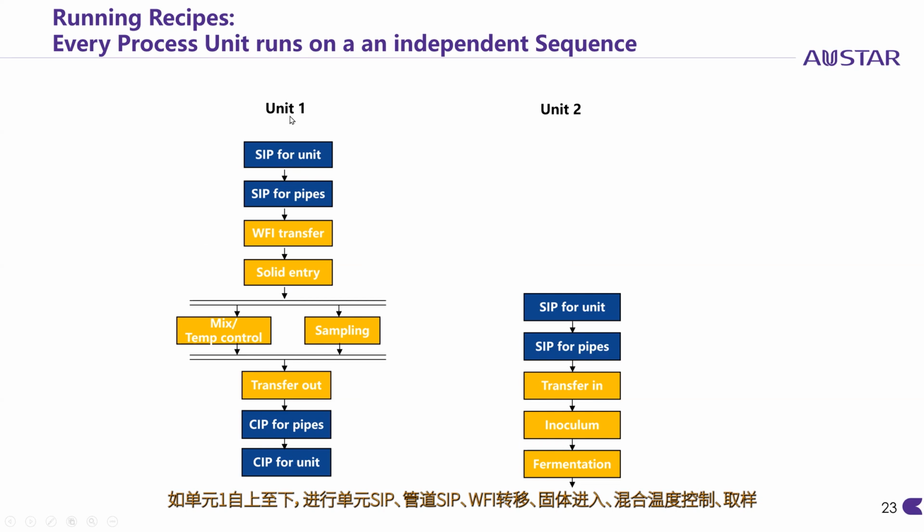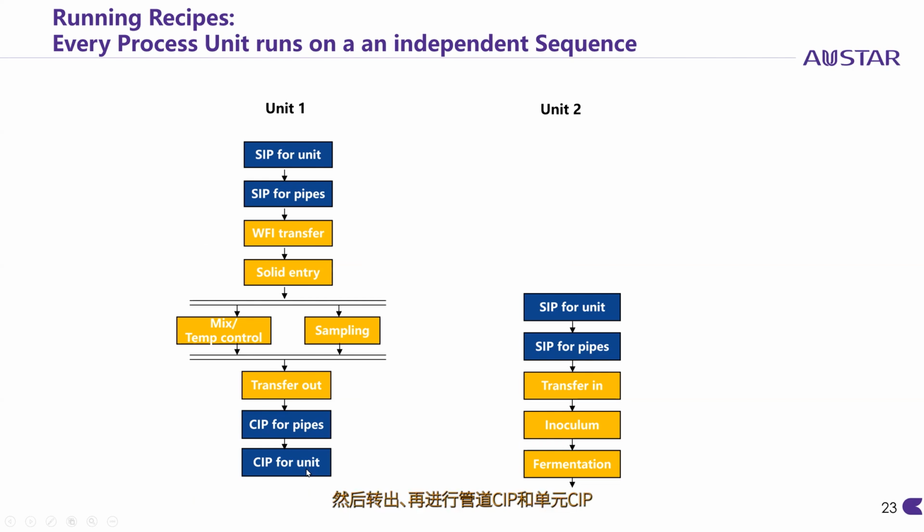We do sterilization in place for the unit and for the pipes, then we transfer water, we put the solids in, and then we mix and temp control at the same time as we do some sampling. When that is done, we go to transfer out, and then we clean the pipes and clean the unit. So this operation runs also independently on unit 2.